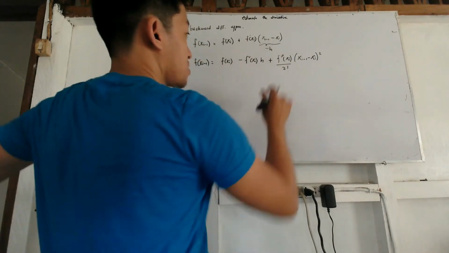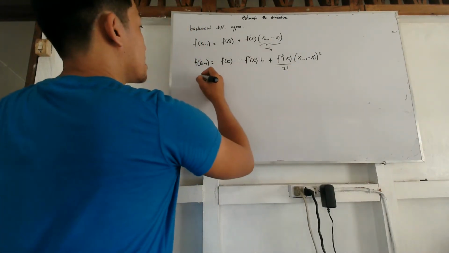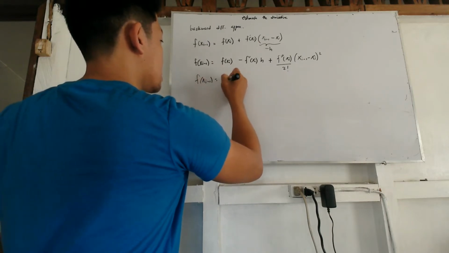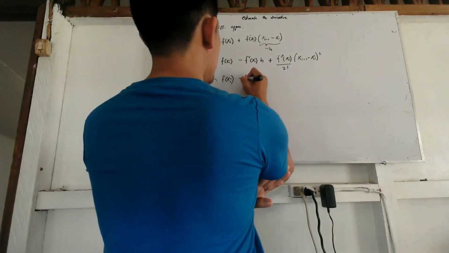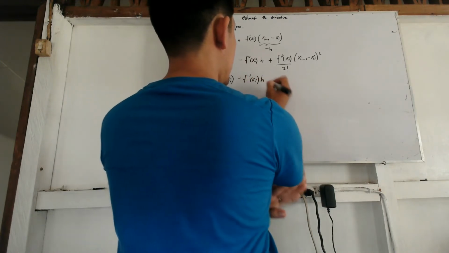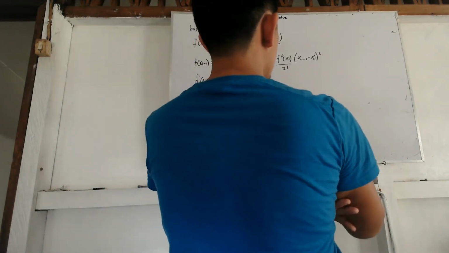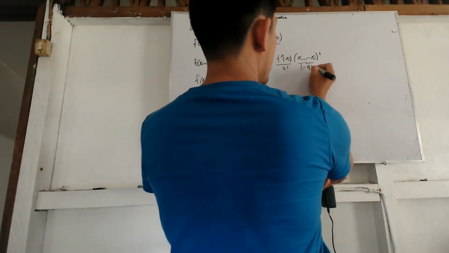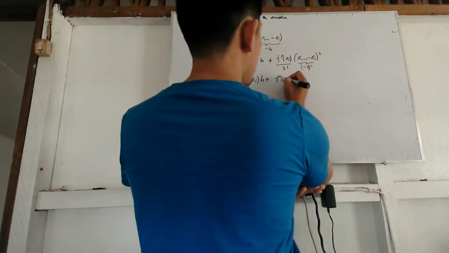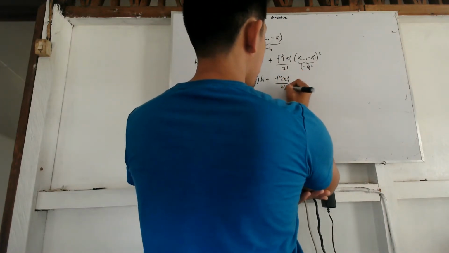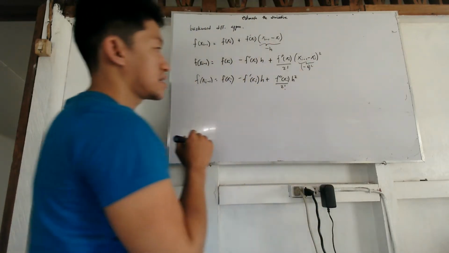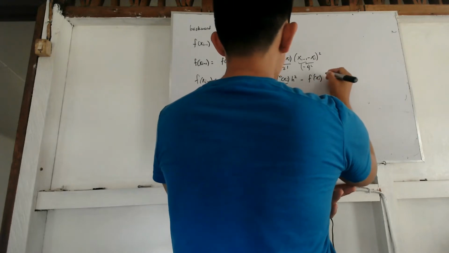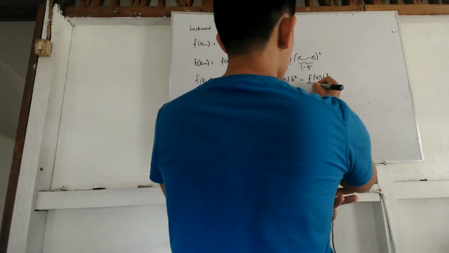So this becomes f of xi minus 1 equals f of xi minus f prime of xi h. But since this is negative h, but squared, so it's plus again, f double prime of xi over 2 factorial h squared. And then next, negative. So it's an alternating series. Okay?